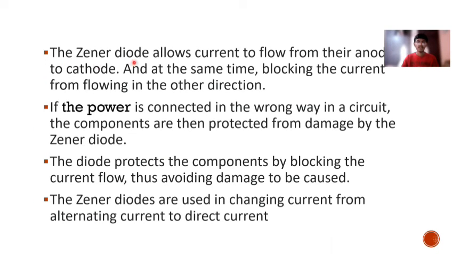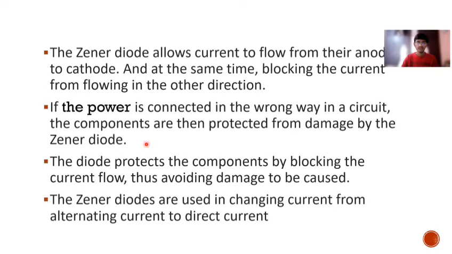The Zener diode allows current to flow from the anode to cathode, and at the same time blocks the current from flowing in the other direction. If the power is connected in the wrong way in a circuit, then the components are protected from damage by the Zener diode.